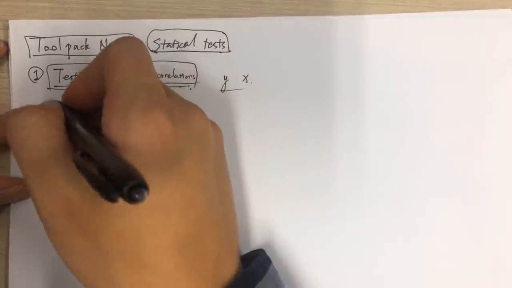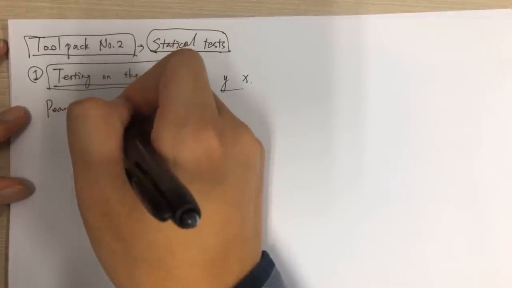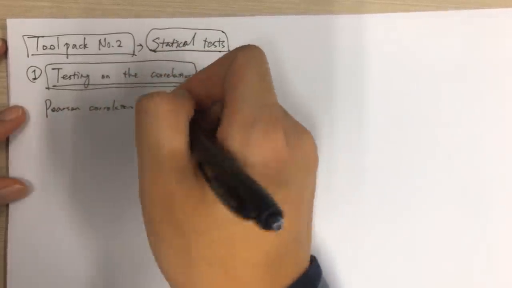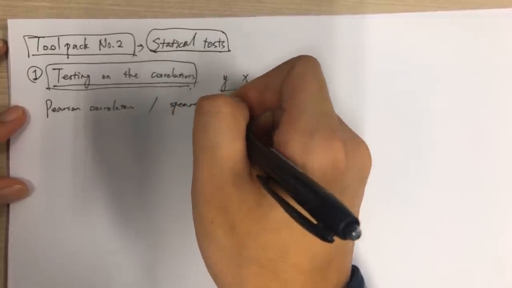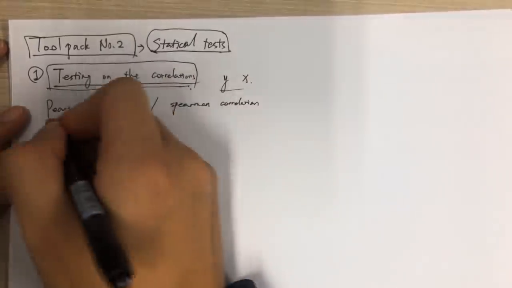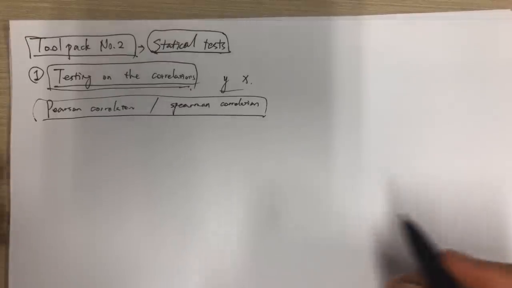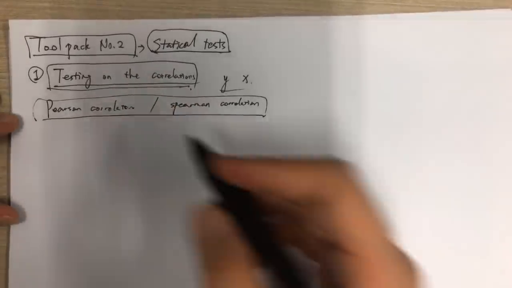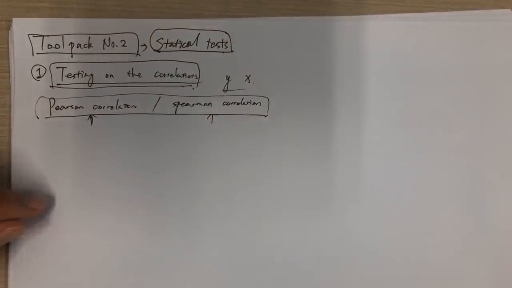One is called the Pearson correlation, and you also learned the Spearman correlation. The only difference is that Pearson is parametric and Spearman is non-parametric.